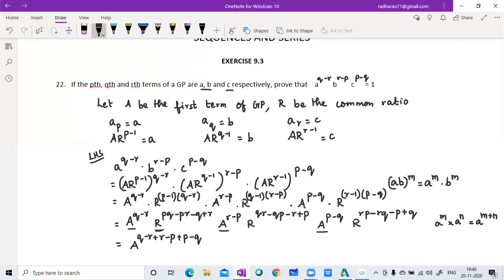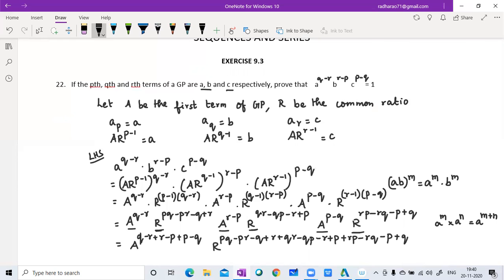Now the R bases. Again a^m × a^n is a^(m+n). So R to the power of (pq - pr - q + r) + (qr - qp - r + p) + (rp - rq - p + q).